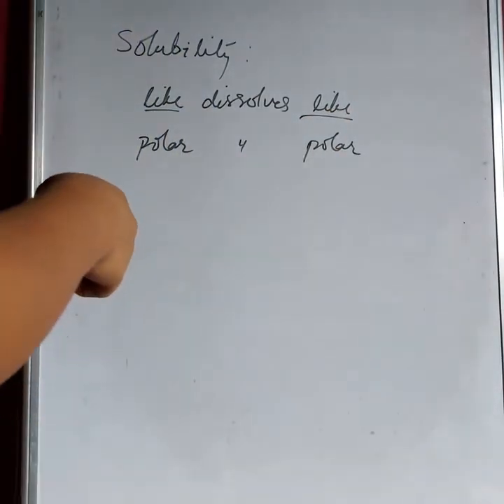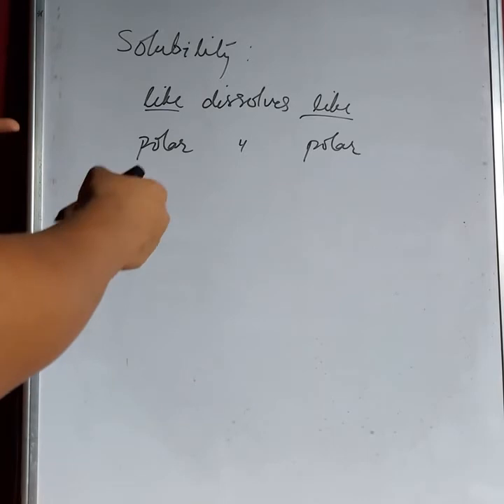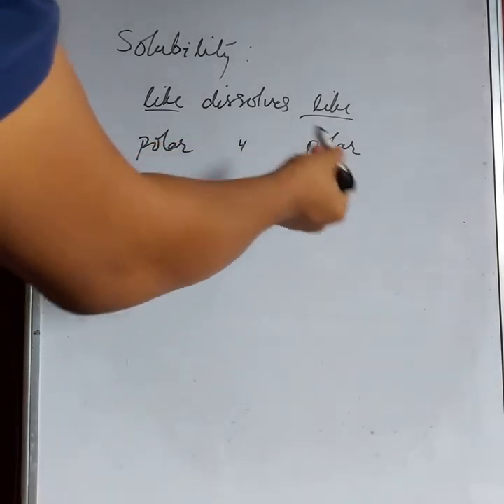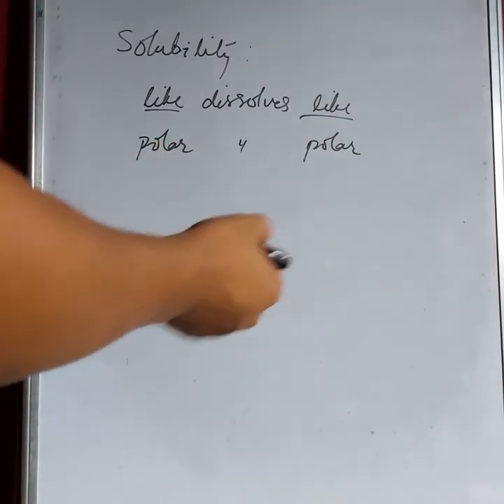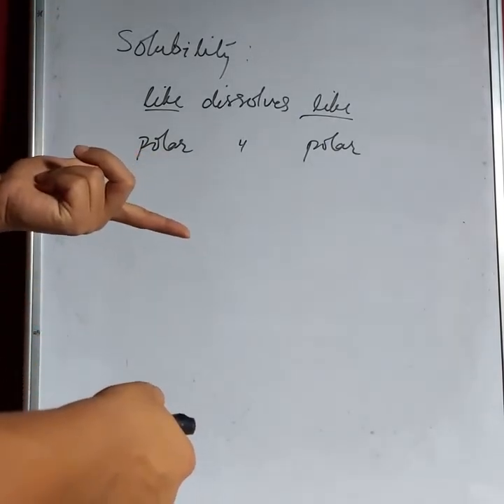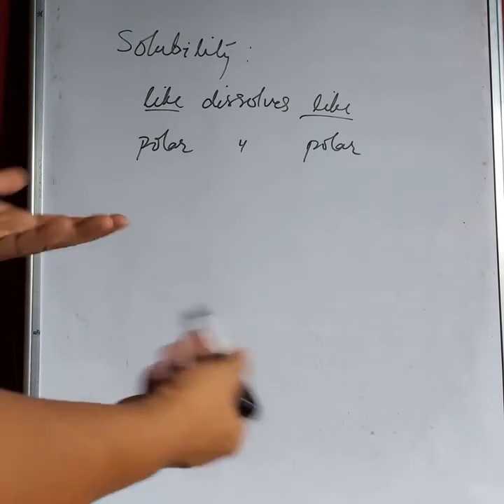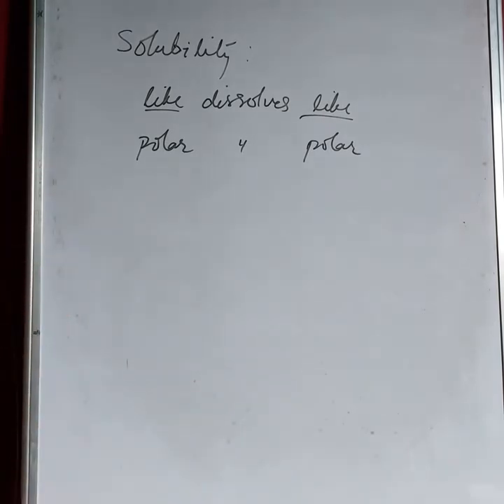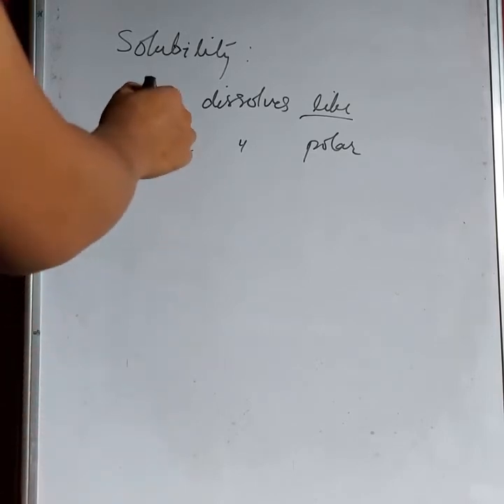Or if it is a polar liquid, then it will dissolve in a polar liquid. The same goes with a non-polar solute and a non-polar solvent. A non-polar solute will be dissolved only in a non-polar solvent. Similarly, a non-polar liquid can be dissolved with a non-polar liquid. So that means like dissolves like.